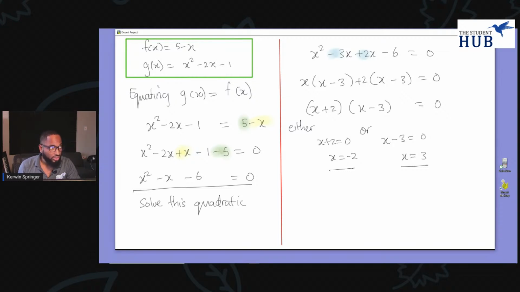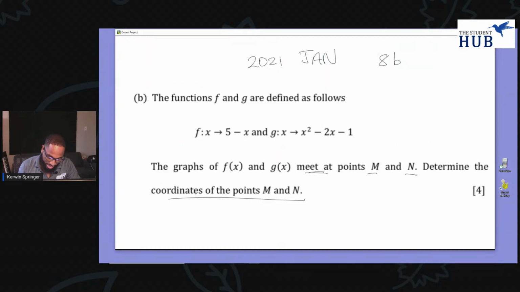Are we finished? Are we getting to finish this live under 8 minutes? Actually not. Let's look back and see exactly what they want. Meet at points M and N. Determine the coordinates, and coordinates mean the x value and the y value.